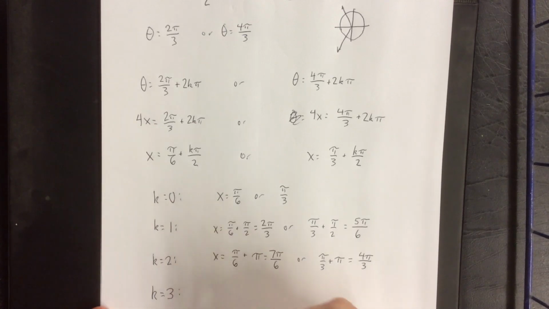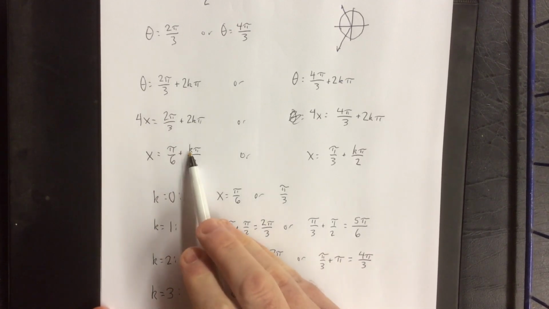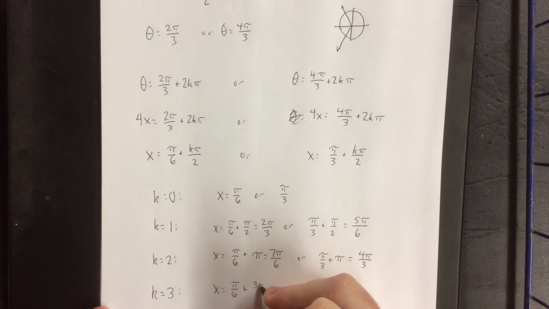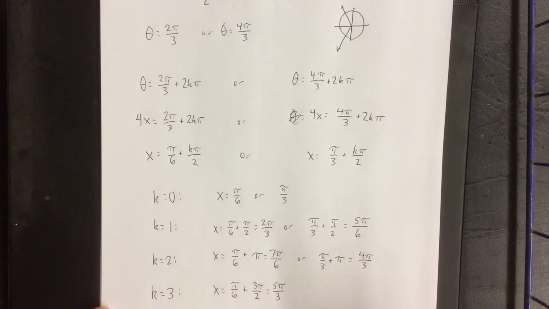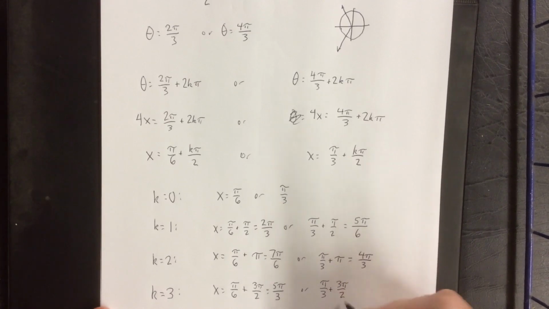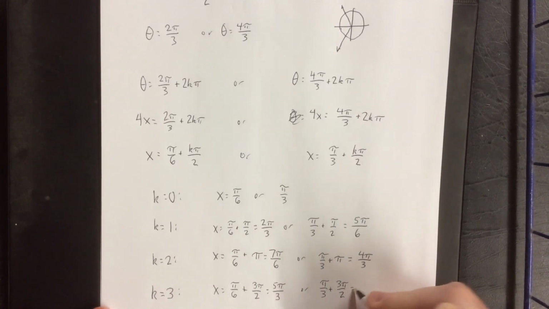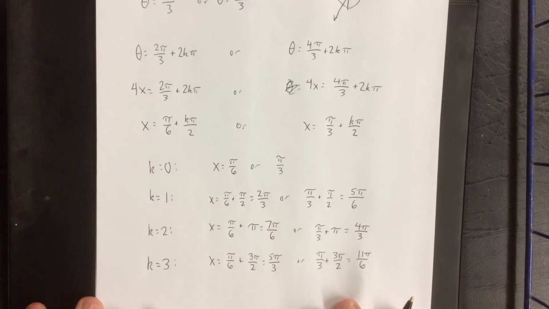And finally, k equals 3, we would get x is equal to pi over 6 plus 3 pi over 2. Get a common denominator for those, add and reduce. We'll get 5 pi over 3, or pi over 3 plus 3 pi over 2 from this solution. That'll be 11 pi over 6. Anything beyond those, and we would be outside of the range of 0 to 2 pi.